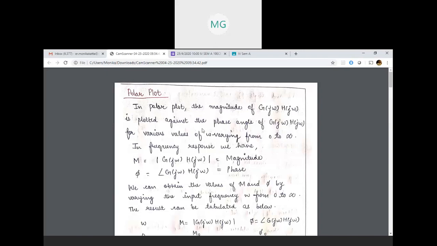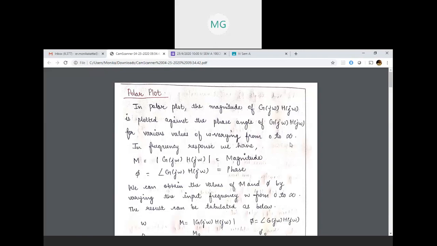In polar plot, the magnitude of G(jω)H(jω) is plotted against the phase angle of G(jω)H(jω). It is a magnitude versus phase plot for various values of ω varying from 0 to infinity. You'll vary the value of ω from 0 to infinity and plot.